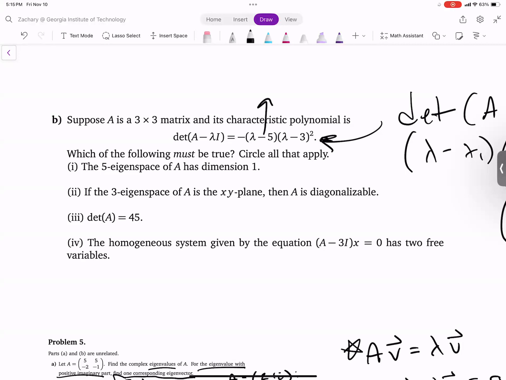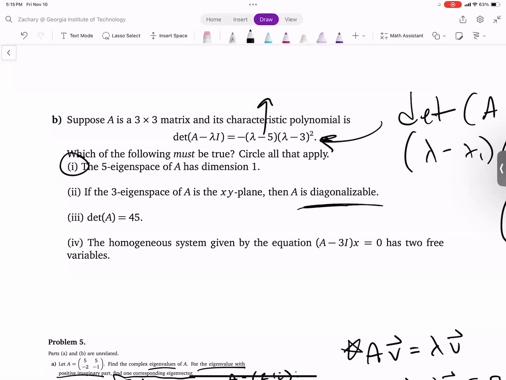So it has a geometric multiplicity of? So its eigenspace has a dimension of? This is true. Cool. If the 3 eigenspace is the xy plane, what is the dimension of the 3 eigenspace? 2. That's my geometric multiplicity then, right? It's my dimension, my eigenspace.